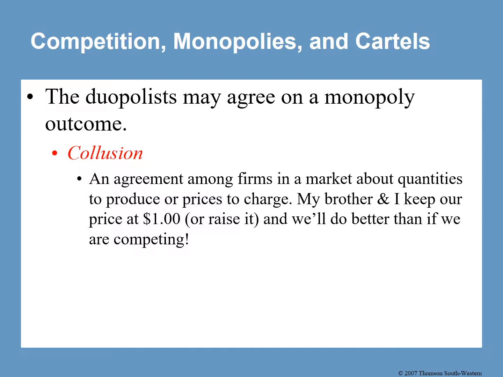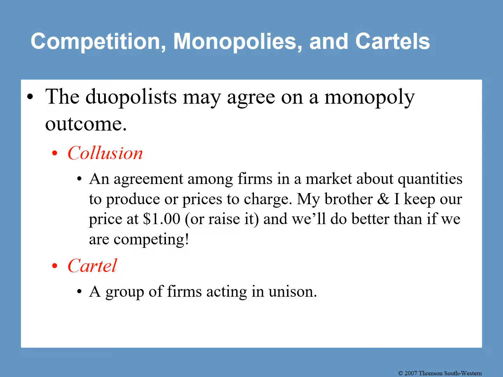So my brother and I could keep our prices at $1. Or, and yes, we tried this once, we could both agree to raise it. Hey, it's only the two of us selling donuts. Let's both of us sell it for $2 a piece. And we'll do better off than if we were competing. So if you work together, we call that collusion.